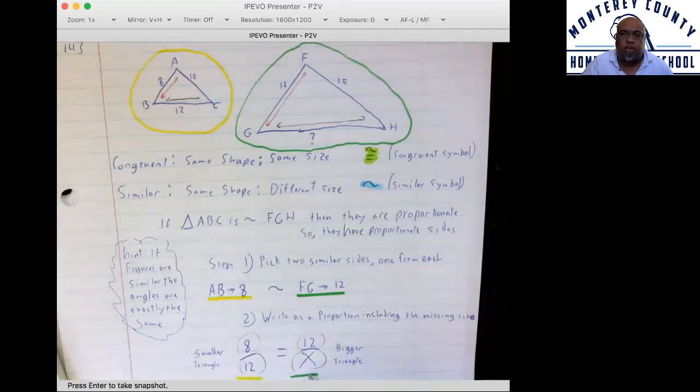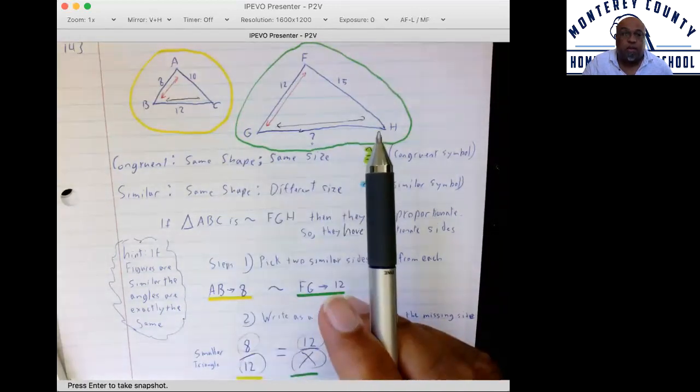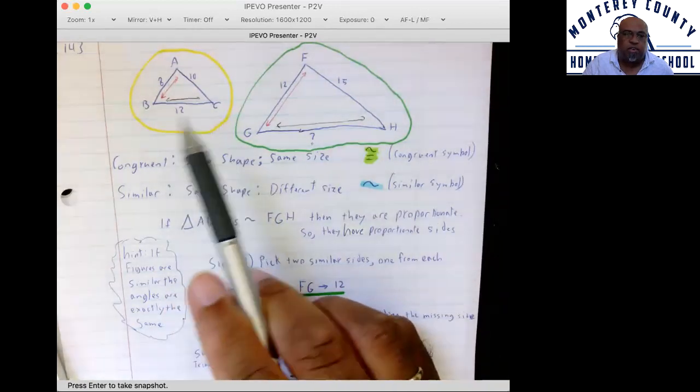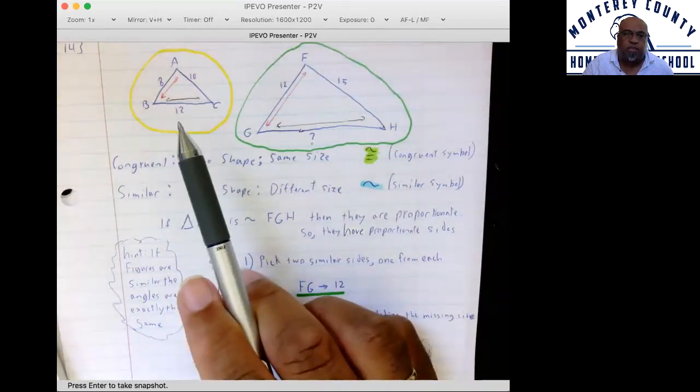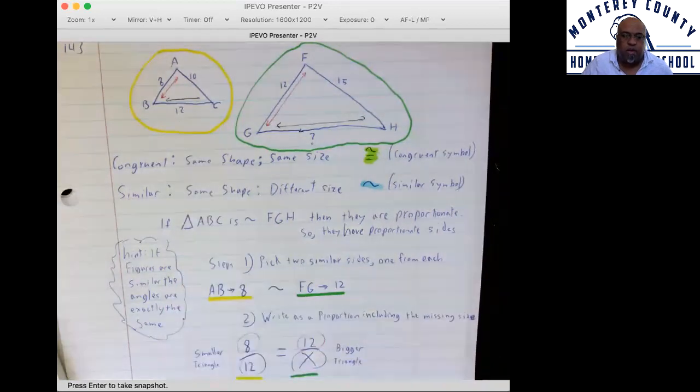What side corresponds to GH? Aaliyah, you're right. It is side BC. That side is basically the same side, but on a different figure. So BC is equal to 12. The numbers from my smaller triangle go on one side, and GH, we're going to call x because we don't know that side for the bigger triangle.